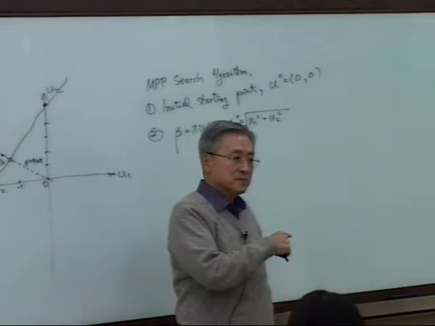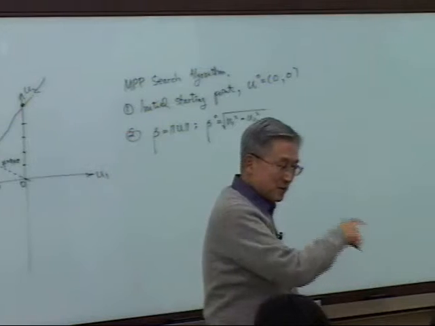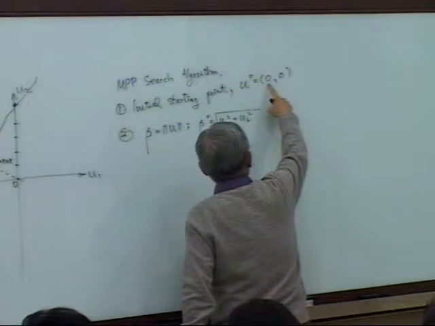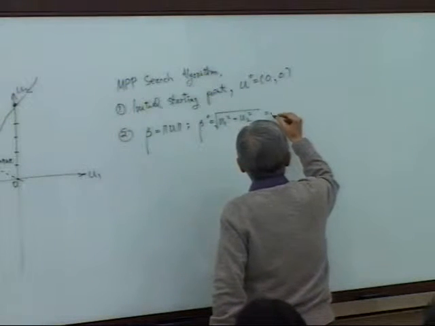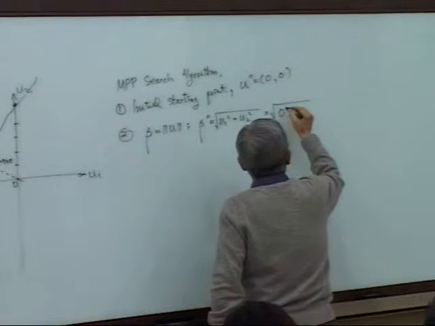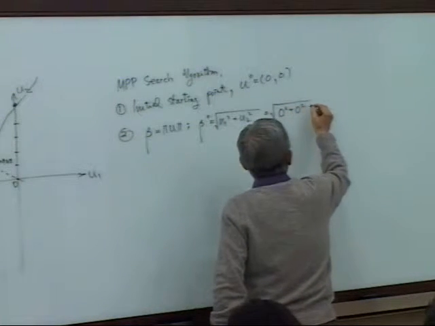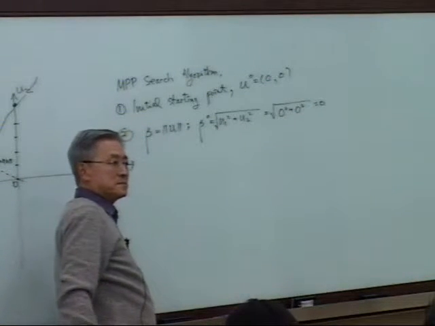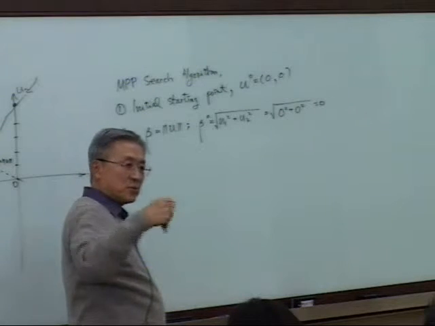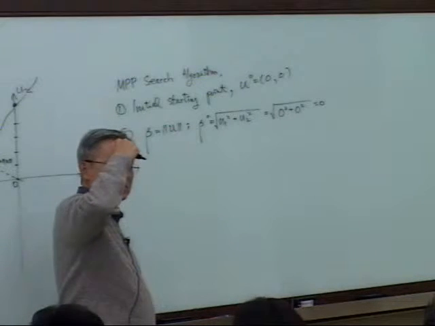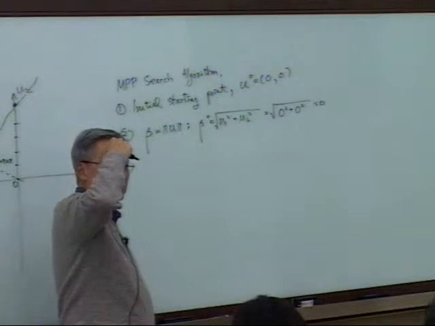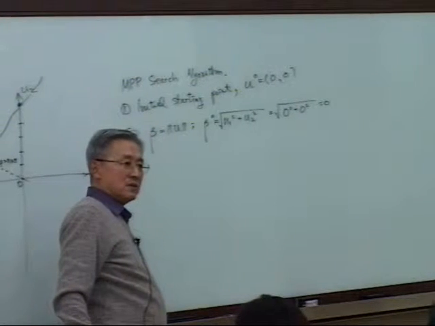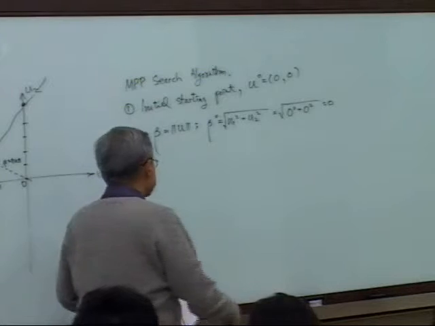It's 0, because the initial trial is 0. When you program, you have to assume the initial vector u naught is the 0 vector.